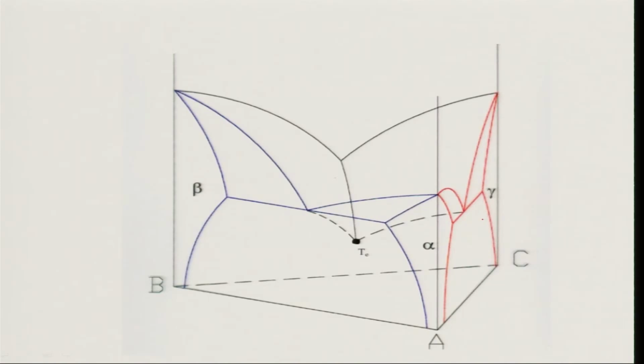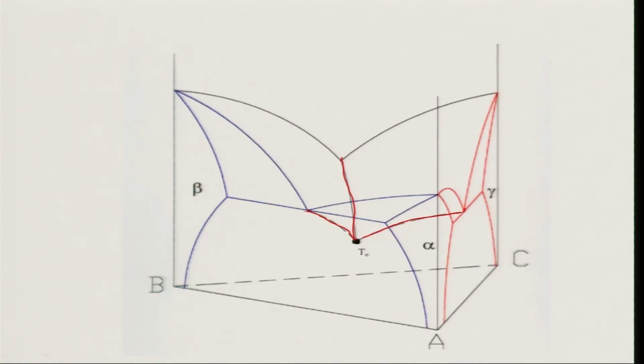This is the eutectic here, eutectic there in the binary, and to get the ternary we connect these 3 points like this, 1, 2 and 3. That means 3 valleys are coming down and meeting at point TE.